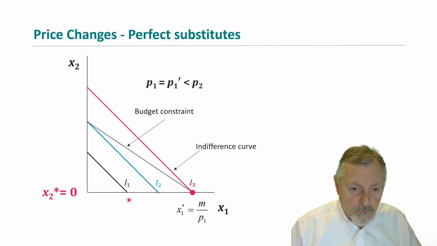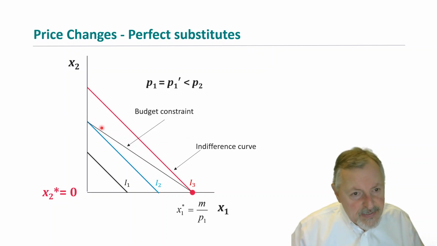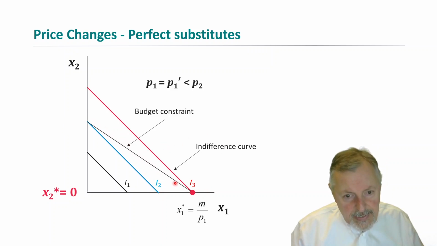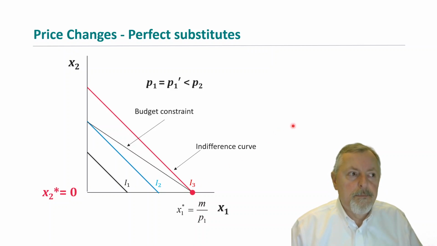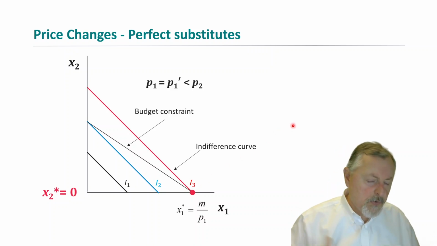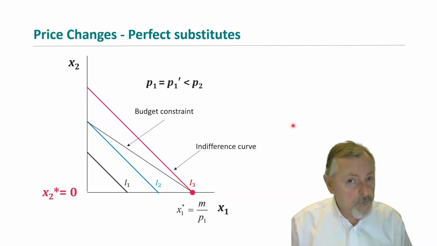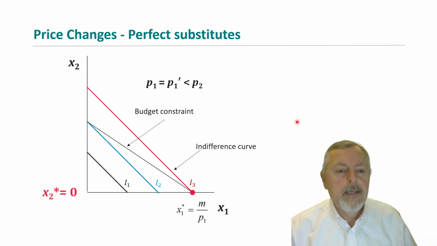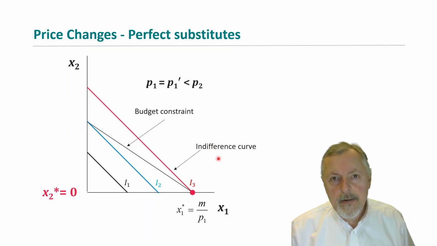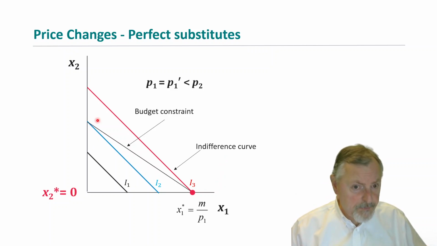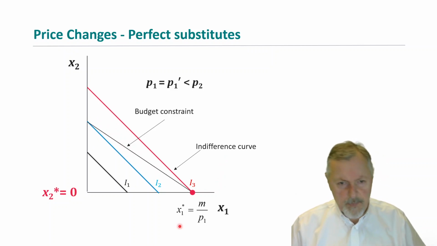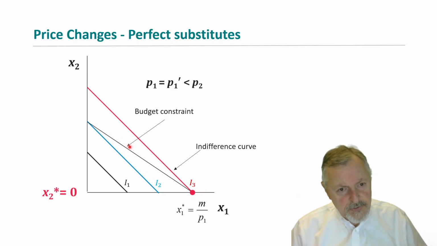This is indifference curve 1, indifference curve 2, indifference curve 3. This line is actually your budget constraint. Now, because you're going to spend all your money on whichever is cheaper, you're always going to be at an endpoint, a corner solution. Now you can see, ignore the indifference curves for the moment. Just look at this budget constraint.